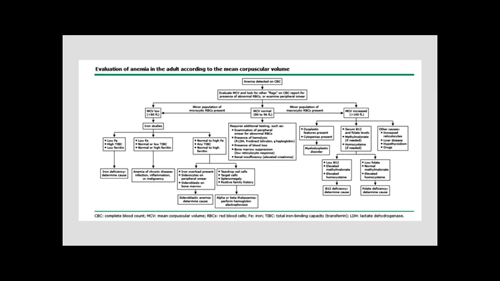Now, for normocytic anemia, you have to look for many things. For example, look at the blood smear for abnormal red blood cells, look for hemolysis, look for blood loss, look for bone marrow suppression, renal insufficiency, different causes of normocytic, normochromic anemia.